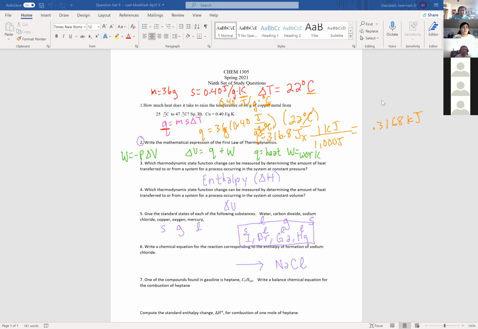Anyway, so let's backtrack. We have sodium chloride, so what do we need to make sodium chloride on our reactant side? Sodium and chlorine, right? So chlorine is special.